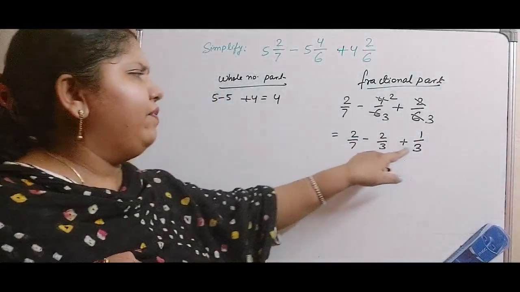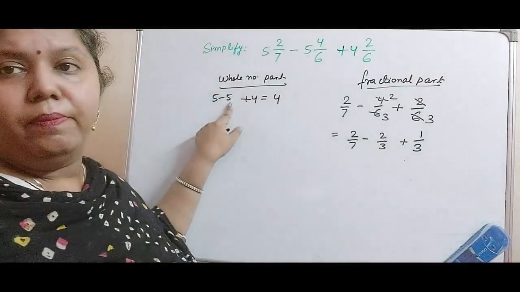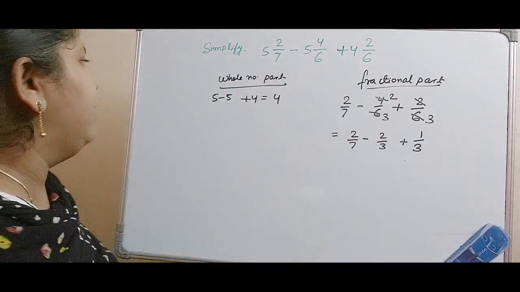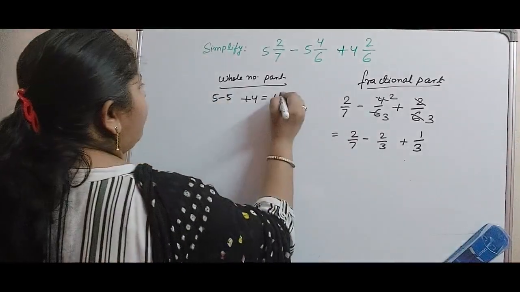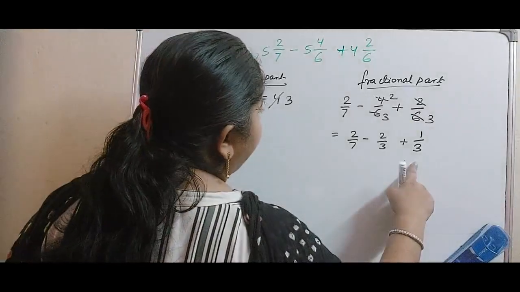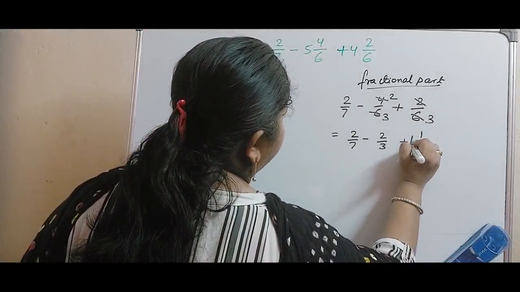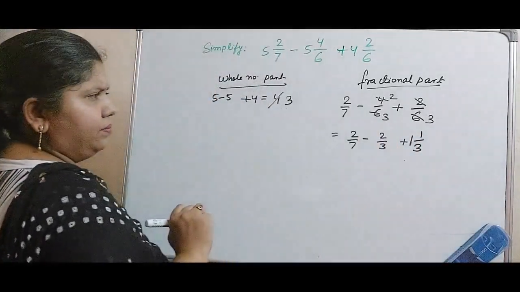These two are like fractions, so for either of the fractions we can borrow from the whole number part. We will use the borrowing method here. So this 4 will change to 3, and here 1 will be added to this and it will become 1 by 3.